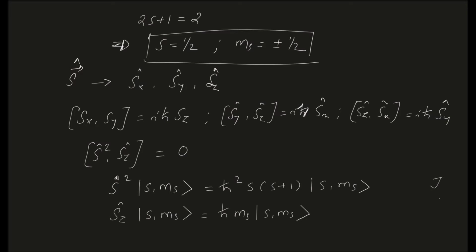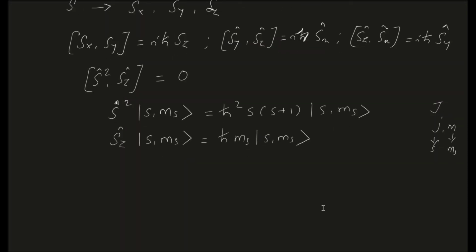There we use the quantum numbers j and m. Here, instead of j we use s, and instead of m we use the m_s quantum number. So m_s can have values from plus s to minus s. Similarly, with the raising and lowering operators, we can define two operators, S plus and S minus, in a similar fashion to what we did for the general angular momentum case.